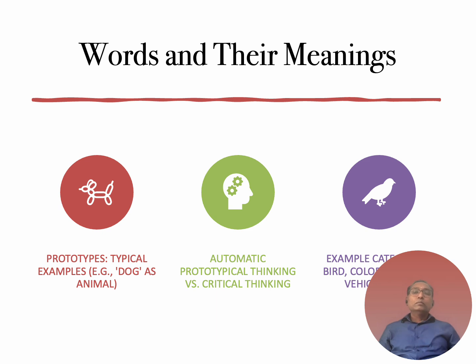Okay, so related to these concepts is what words we use and what we mean by them. So, words and their meanings. A prototype is a typical example of a category or concept, right? So if I say a dog, the best example that comes to you depends on the specific experience you have. But if you compare overall, generally, different cultures will have different prototypes, typical examples.